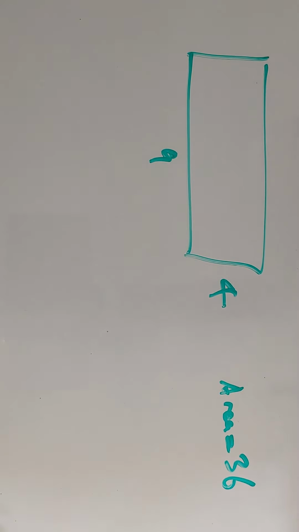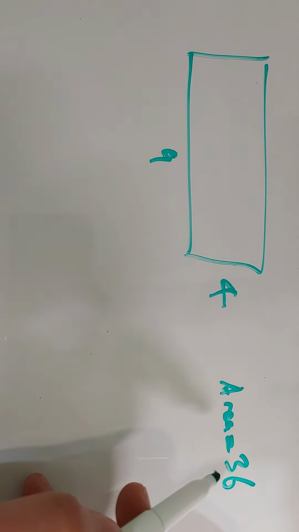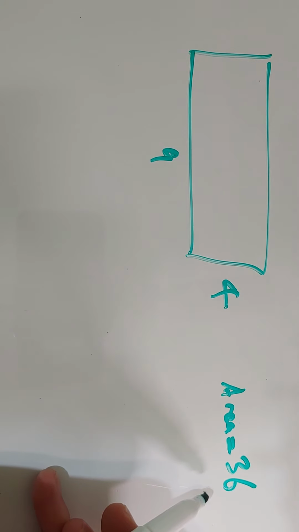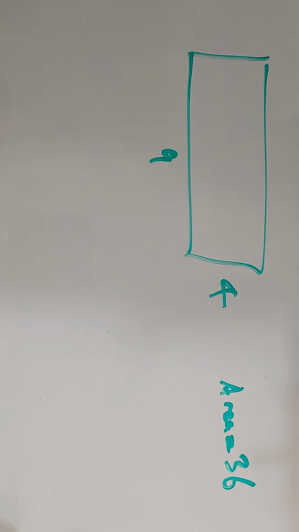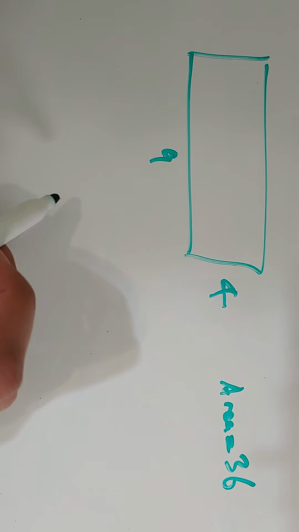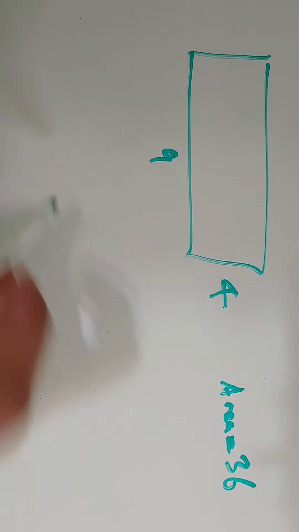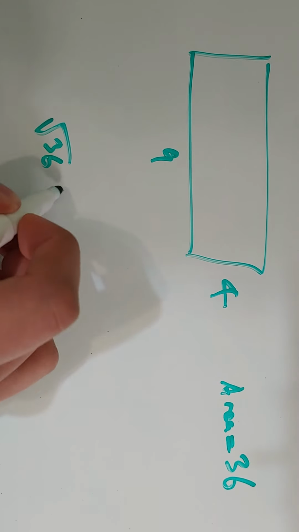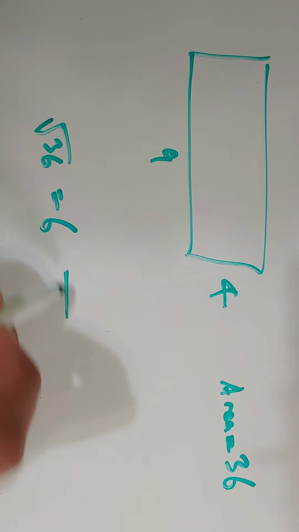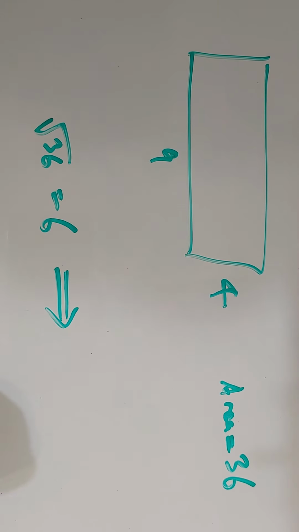Now the question is, what will the side length of a square be which has this same area? So we want to find the side length of a square with area 36. Now, as you might know, the square root of 36 equals 6. So the size of our square is going to be 6 by 6.